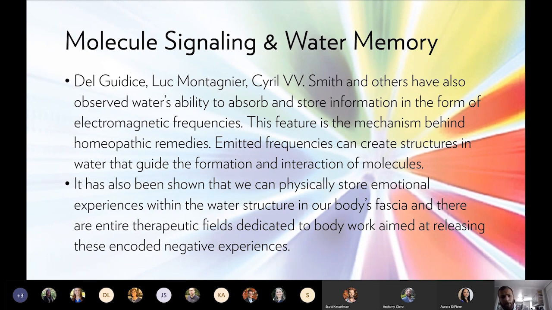So all these people have observed water's ability to absorb and store information from electromagnetic frequencies. This is the mechanism behind homeopathy. If you're interested in that, we can talk about that, or you can look more into it. Emitted frequencies create structures in the water that guide the formation and interaction of other molecules then.